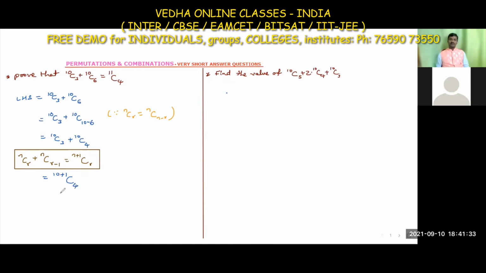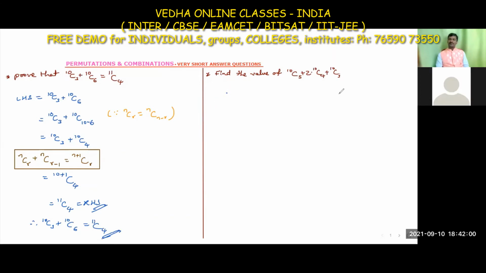What is 10 plus 1? 10 plus 1 is 11. 11C4. Is it equal to RHS or not? Yes, sir. So this is the required RHS. Therefore 10C3 plus 10C4 is equal to 11C4. They are equal.